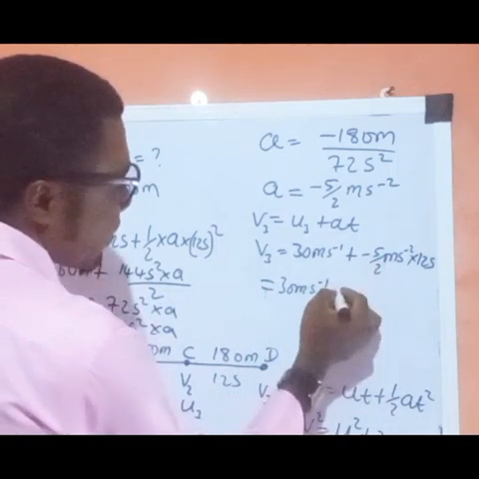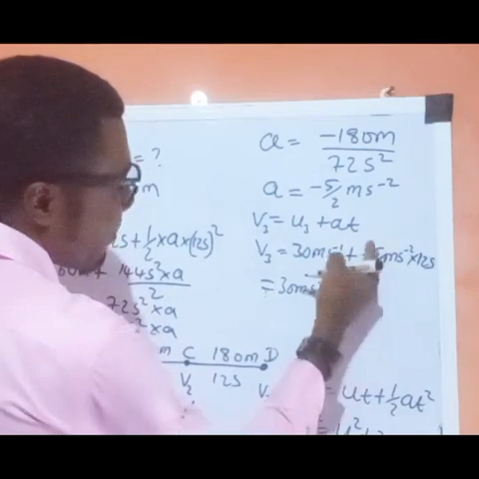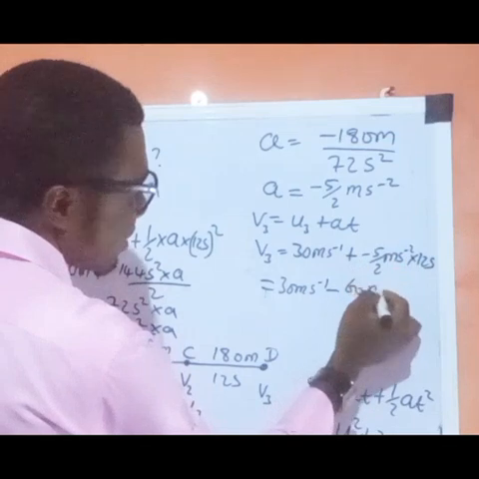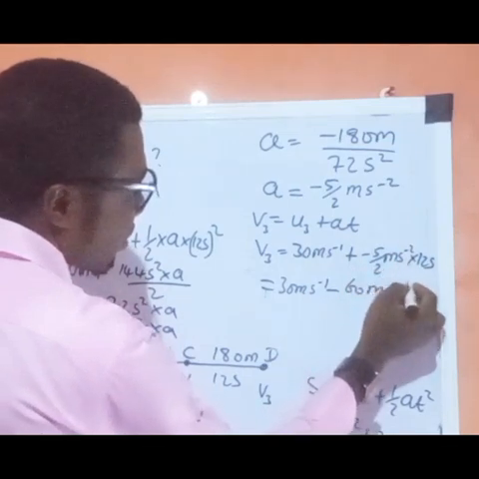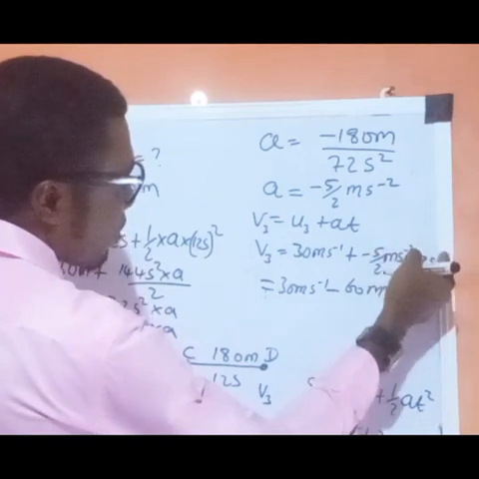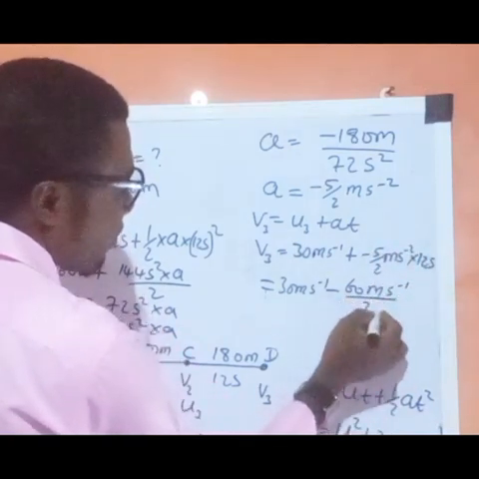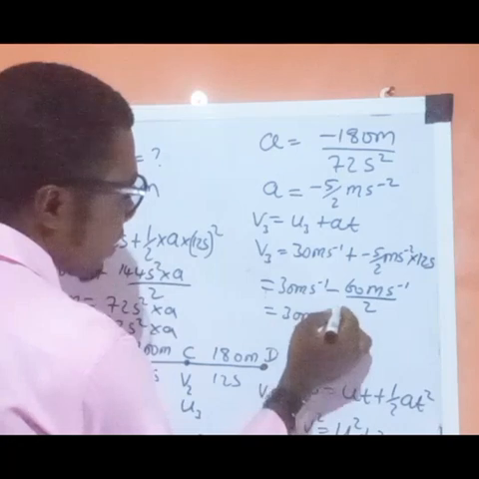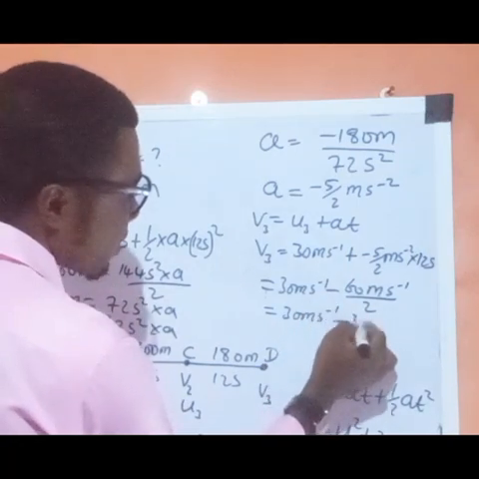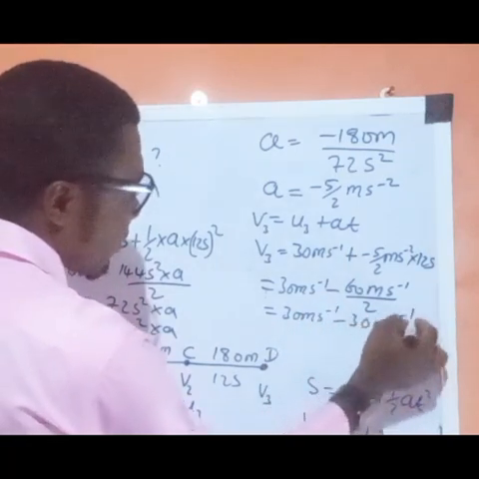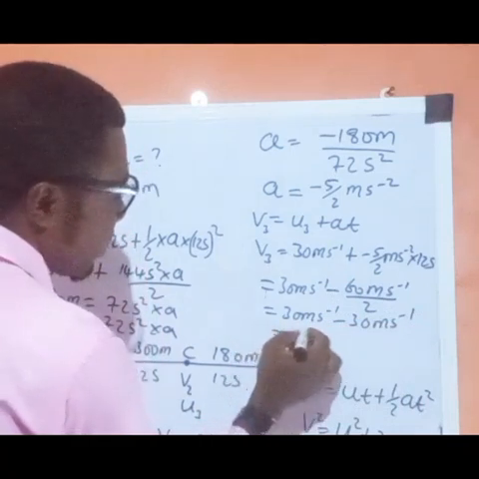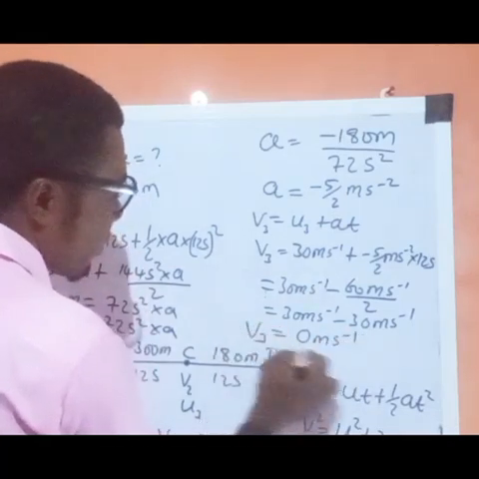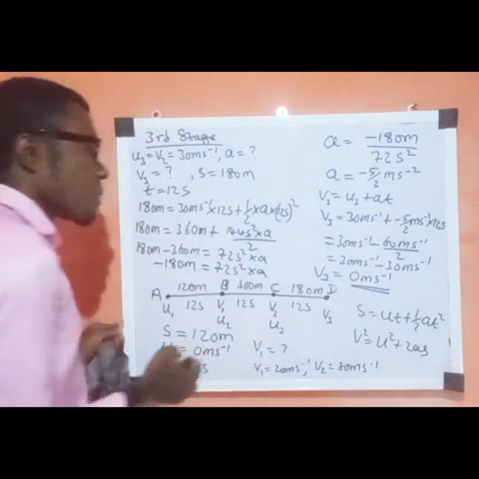Plus times minus is minus, 5 times 12 gives us 60 meters per second, all over 2. So that is 30 meters per second minus 60 over 2, which is 30 meters per second minus 30, giving us 0 meters per second.